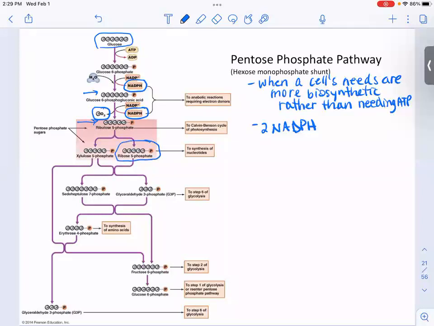That's a really important precursor to make nucleotides. Okay, pentose sugars are what make up DNA and RNA. Okay, so it's written there kind of small, but ribose 5-phosphate is a precursor needed to make nucleotides.